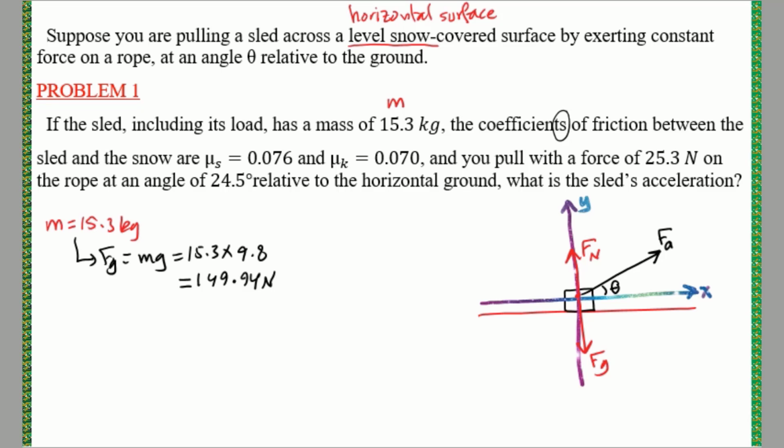And you pull with a force of 25.3, this is Fa, on the rope at an angle of 24.5, this is theta, relative to the ground. What is the sled's acceleration?